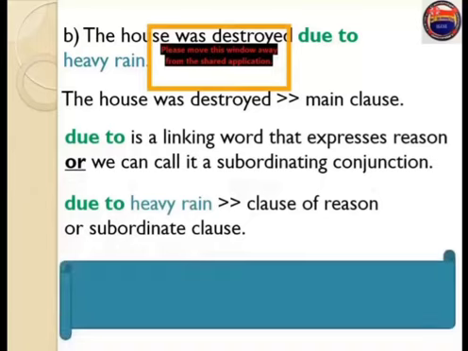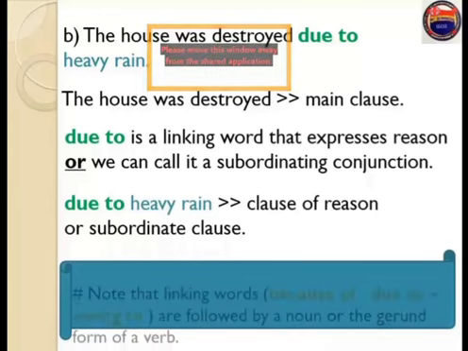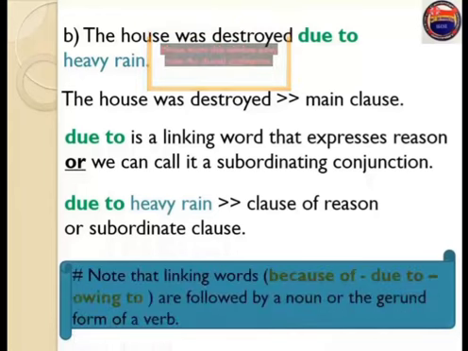I just want you to notice here that after due to, we do not use a clause, we just use a noun. So note that linking words like because of, due to, owing to are followed by a noun or the gerund form of a verb.